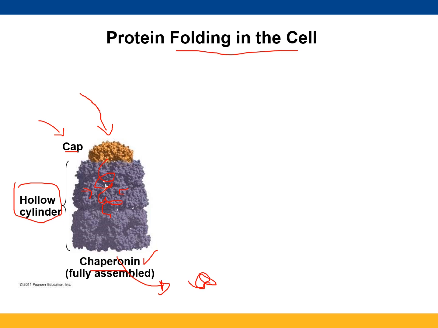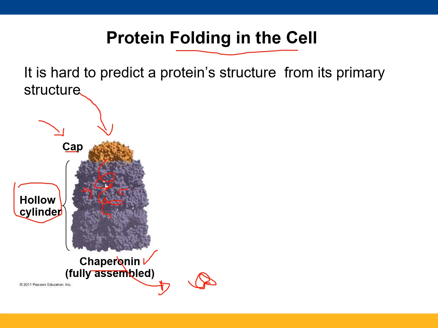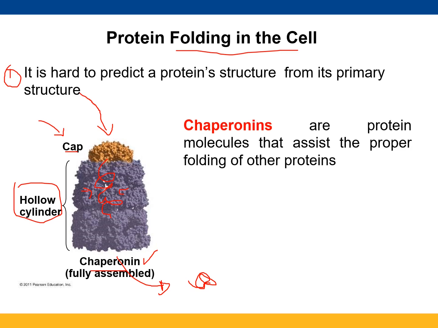and all these chemical interactions will allow it to properly fold and to go outside properly folded. This is very important because diseases like Alzheimer's, mad cow disease, and other ones are related to an improper folding of the protein, so a misfolding can create diseases. I want you to remember that first, it is hard to predict a protein structure from its primary structure.